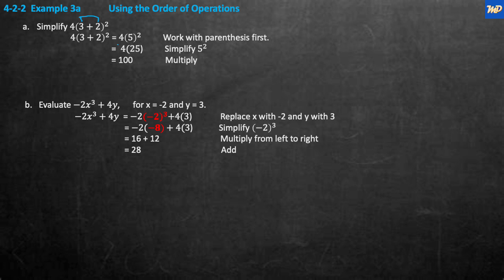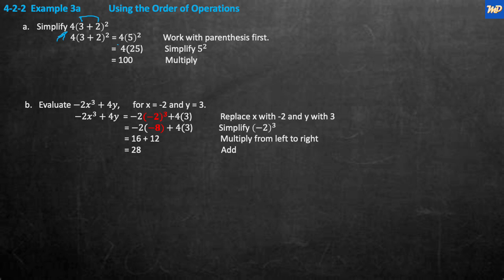Then it's 4 times the quantity 25, or 5 squared, which ends up being 4 times 25, and that's 100. So we took care of inside the braces first. Then we did the exponent. That's how we got the 25. And then we took the 25 times the 4. And that's how we got 100.